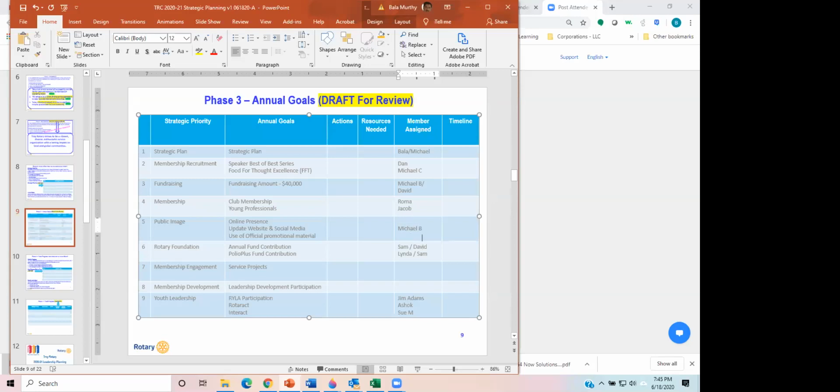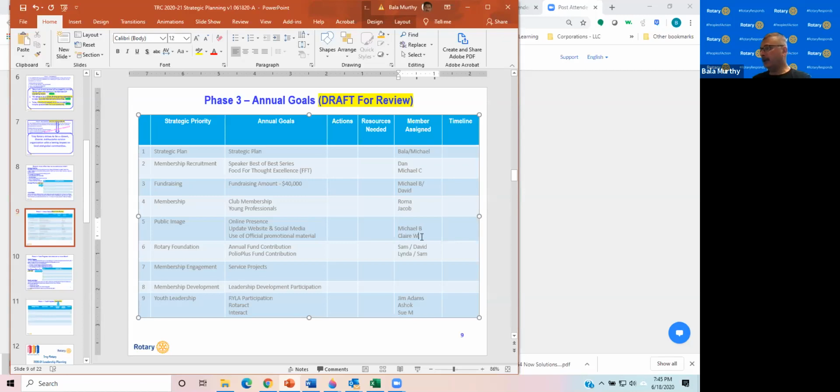I don't feel comfortable taking the lead as far as public image, because in order to really make an impact or not spread myself too thin, whatever's needed to be updated on our club website, I would hope I would get all of the information, not just 'Michael, can you create this?' I would need some specific parameters that people are looking for and the actual content they want to include, if that makes sense.